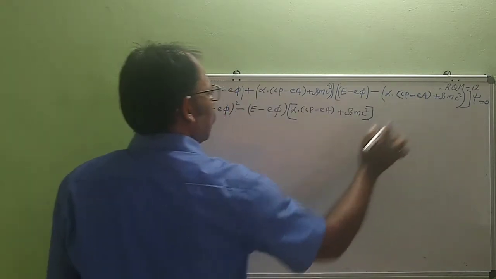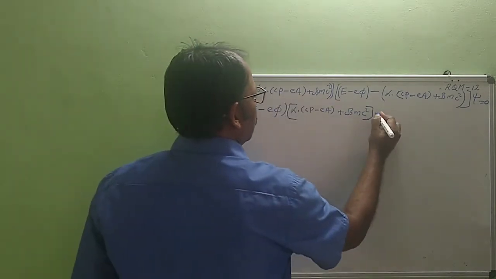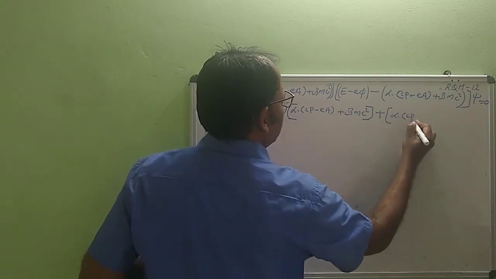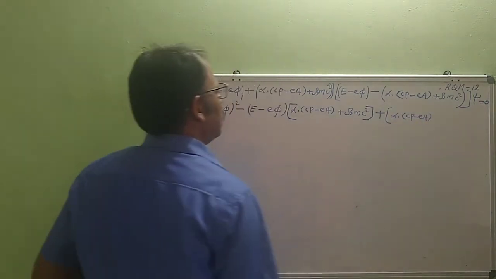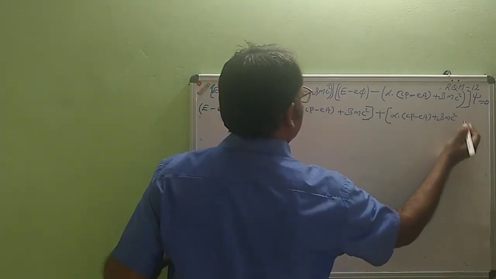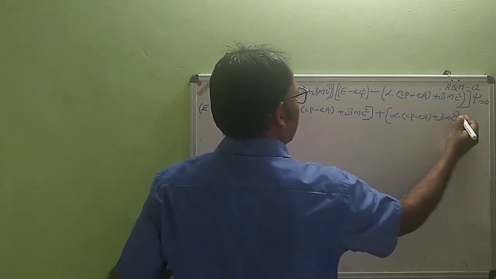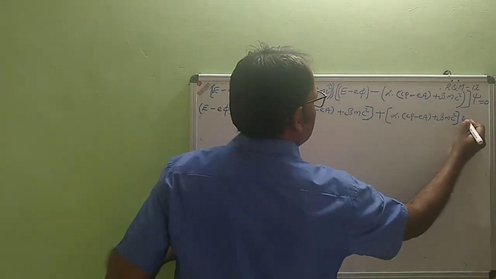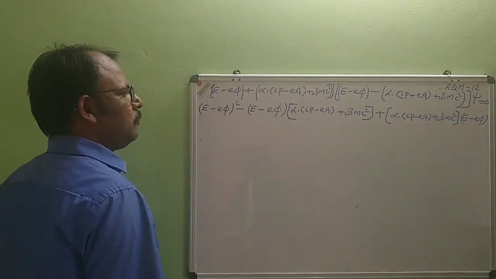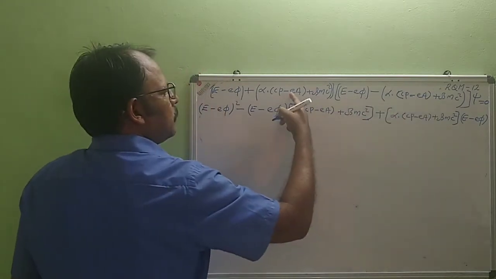Now this term into this one will be plus alpha dot (cP minus eA) plus beta m c square into E minus e phi.